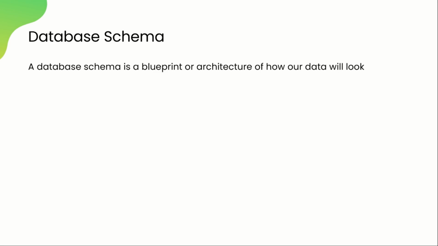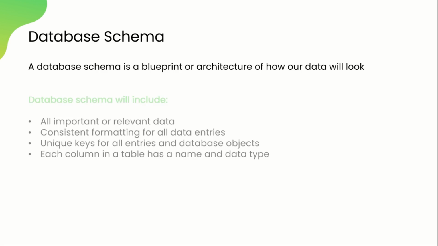A database schema is a blueprint or an architecture of how your data will look. A database schema will include all important relevant data that is necessary for you to construct a database.